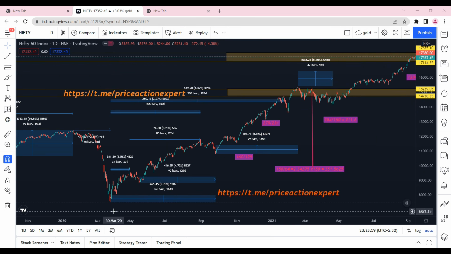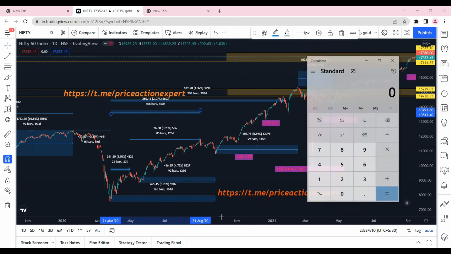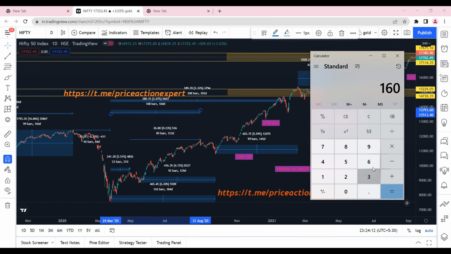Next we are going to take from this low to this high. It's 160 days, and this low to this low is 129 days. So 160 divided by 129, that is equal to, multiplied by 160, will give you almost 198 days or 199 days.